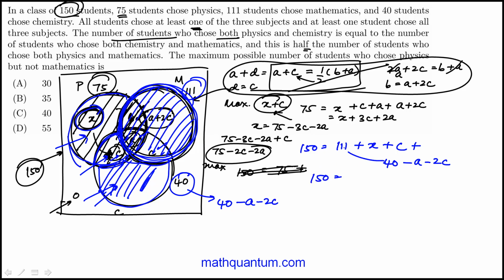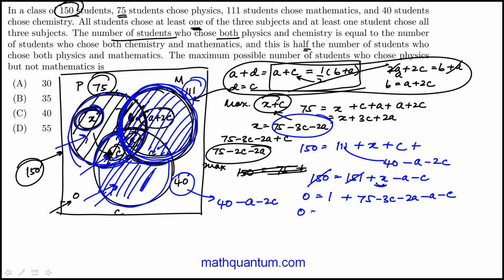So 150, these two become 151 plus X minus A minus C. And then I will plug in what X is and subtract that. X is this piece here. Minus 2A minus A minus C. So I'll move these other terms to the other side. I get 76 is equal to 4C plus 3A.